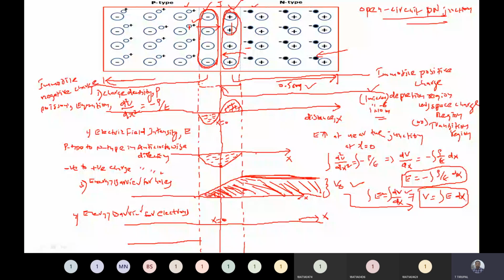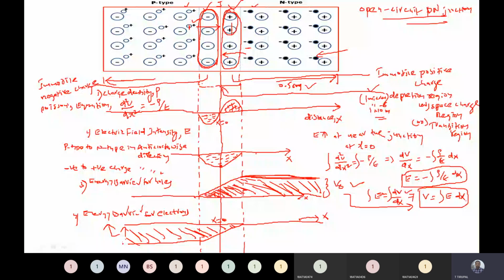This is called the potential energy barrier for electrons, and the height from this point to this point is called E naught. E naught is the potential energy barrier for electrons, and V naught is the potential energy barrier for holes.